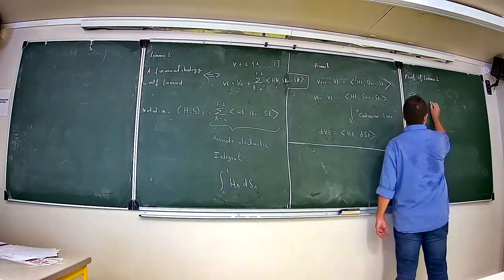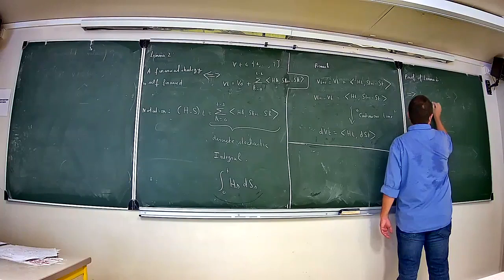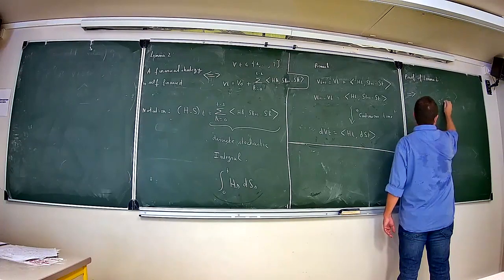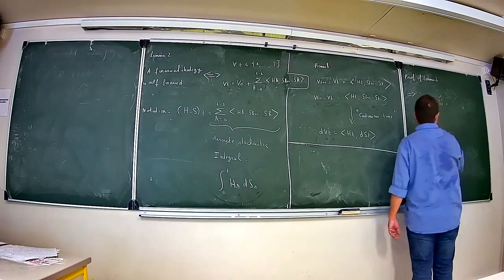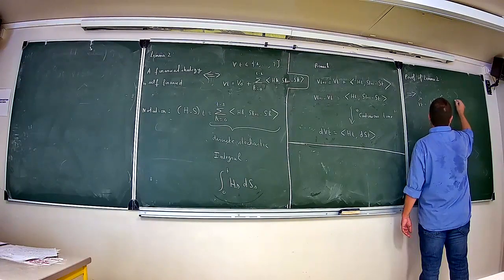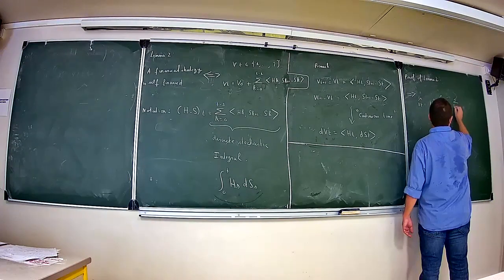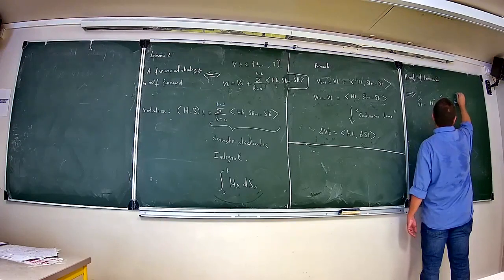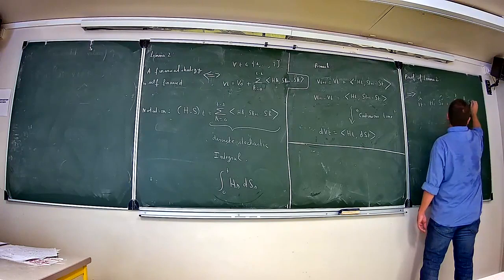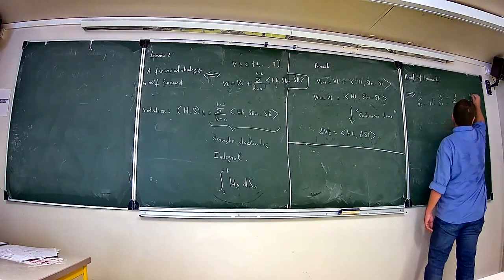I can write it this way: H0t S0t plus something that I have written like this, the sum from k equal to 1 to d of Htk Stk.